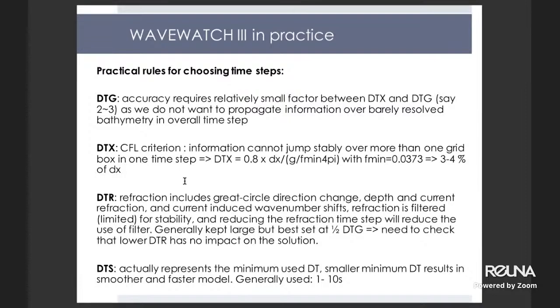So this is just conditioned by the CFL criterion. We don't want information to jump over more than one grid box, one grid point. This is the classical usual CFL criterion.